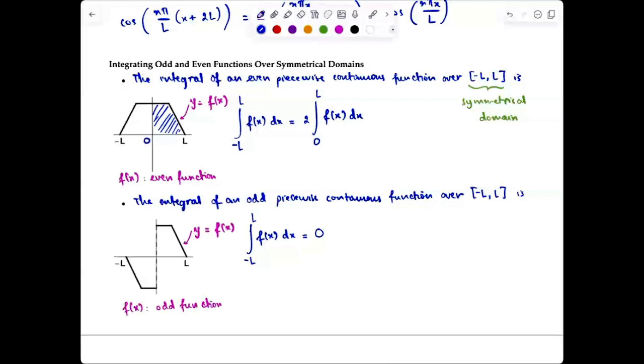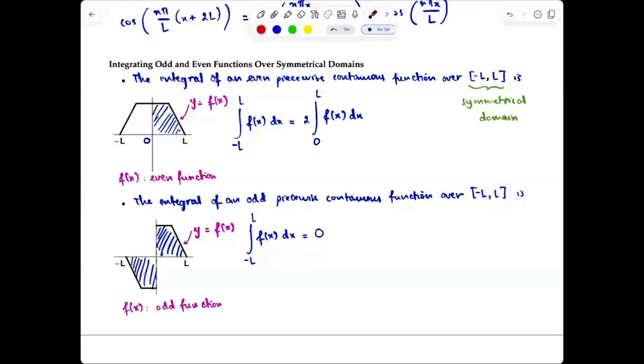When you integrate an odd function, you basically calculate the area of this region and the area of this region. In calculus 1, there is a concept called signed area. The signed area for this region is a negative value. The signed area of this region is a positive value. And the two regions are the same.